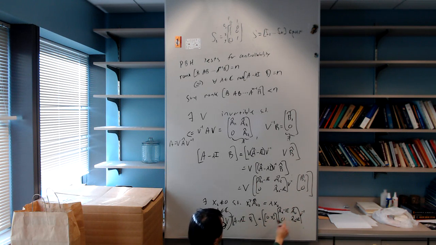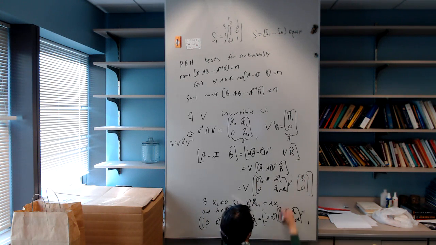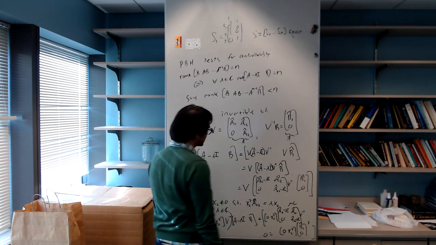This hits with that, and because this is an eigenvalue eigenvector pair, that goes to 0. Then it is going to be x2 transpose B1 hat 0, and so this thing goes to 0. That was a little bit messy how I wrote that.